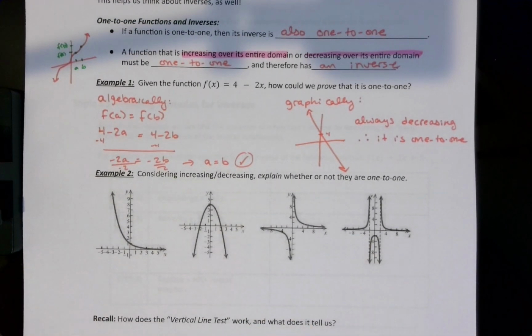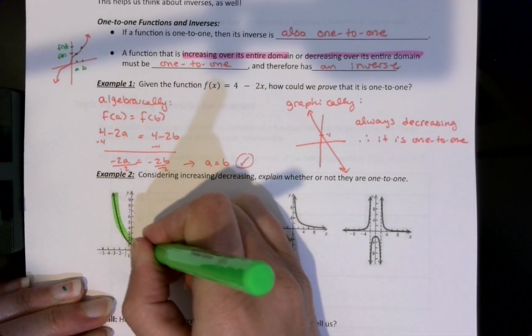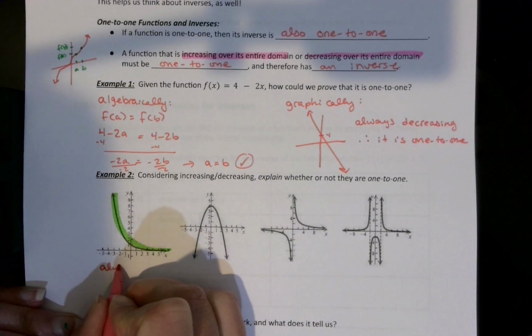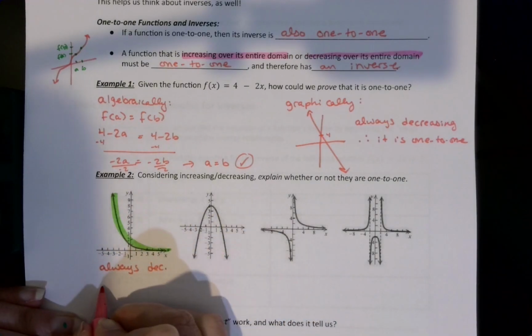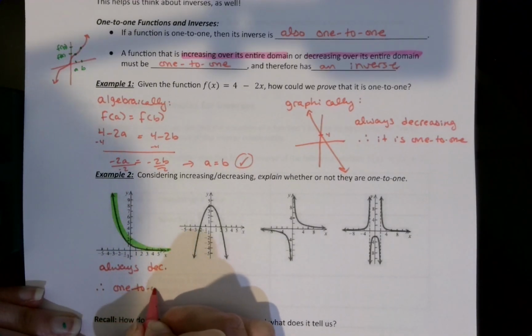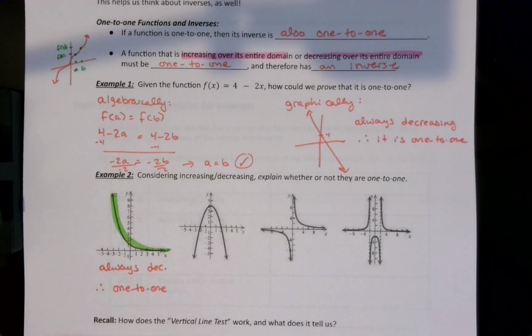All right, continuing on, let's consider increasing and decreasing to explain whether or not these functions are 1 to 1. In the first graph here, this function is always decreasing, so it is going to be 1 to 1. It's always decreasing, therefore it's 1 to 1.